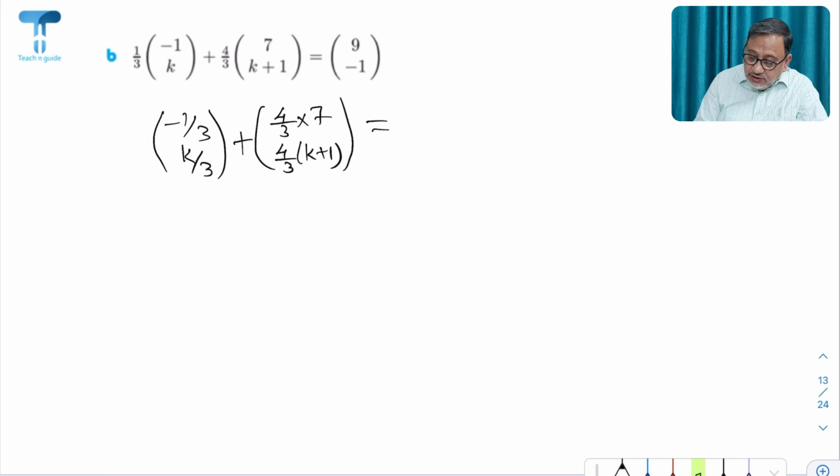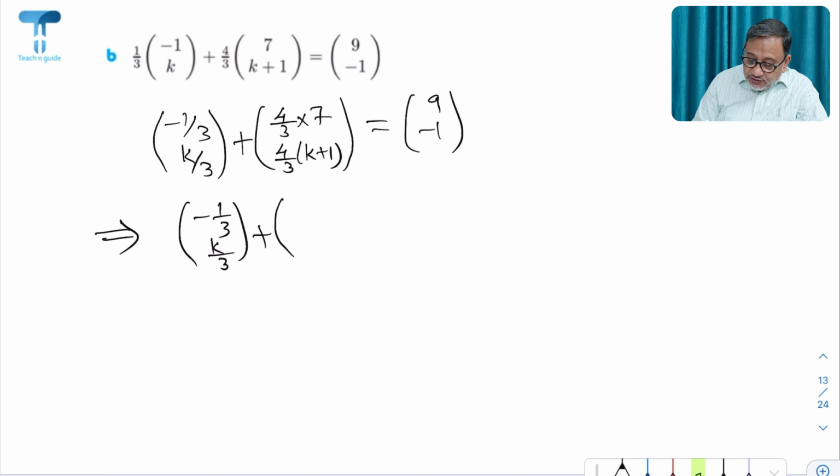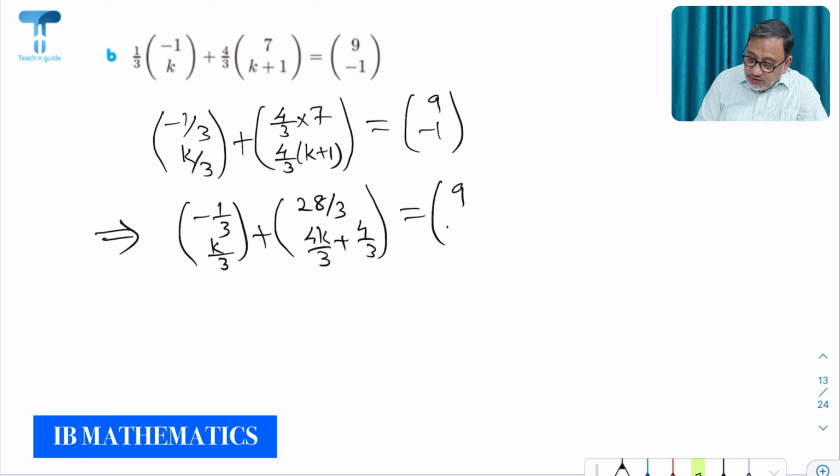This right hand side I will keep the same.